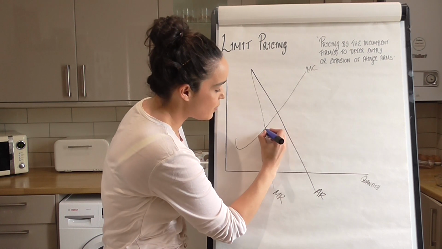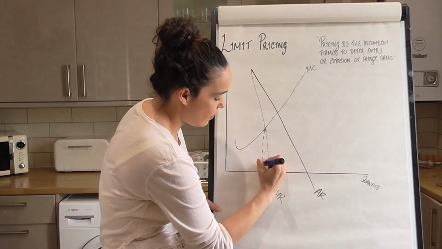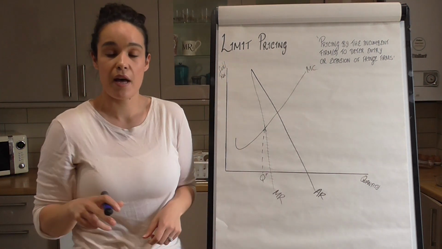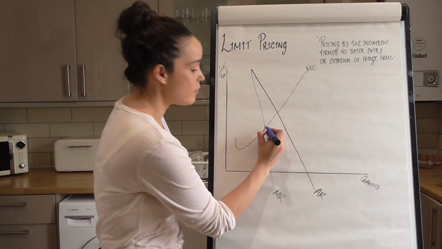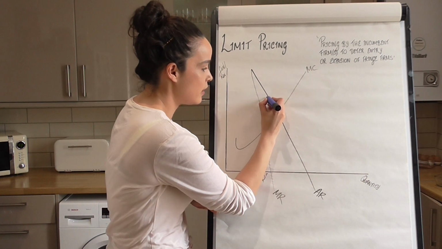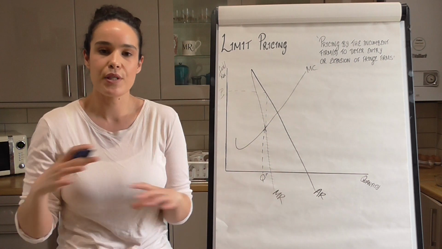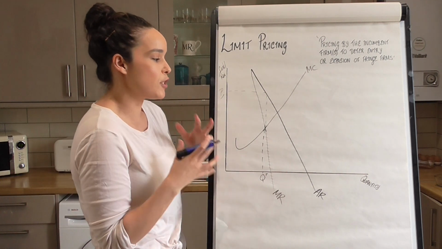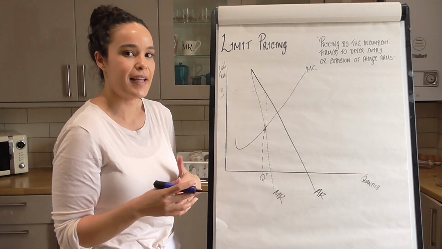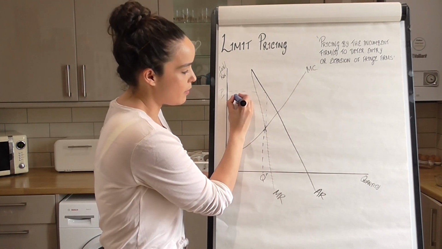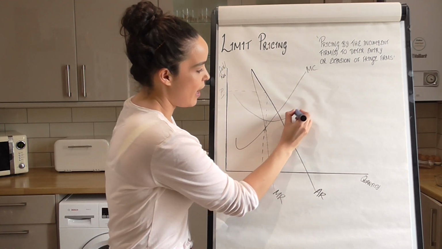So as always, we're going to draw that original diagram here. We're going to presume to start off that the firm is profit maximizing, and we're going to go up here and across, and this is our price. That's the same as always, so we know that we're going to show a lot of supernormal profit, so we need that AC curve to cut here relatively low, so let's put that in there.